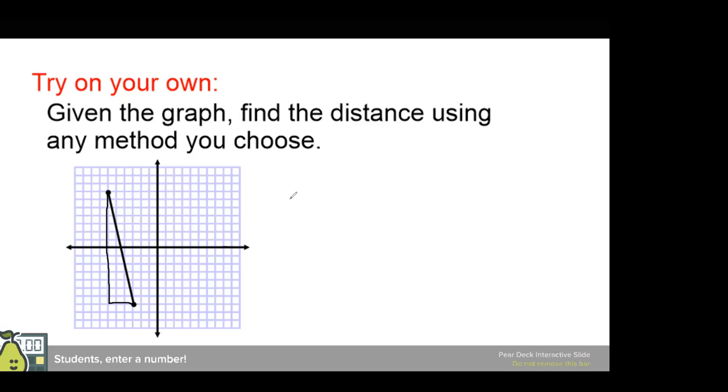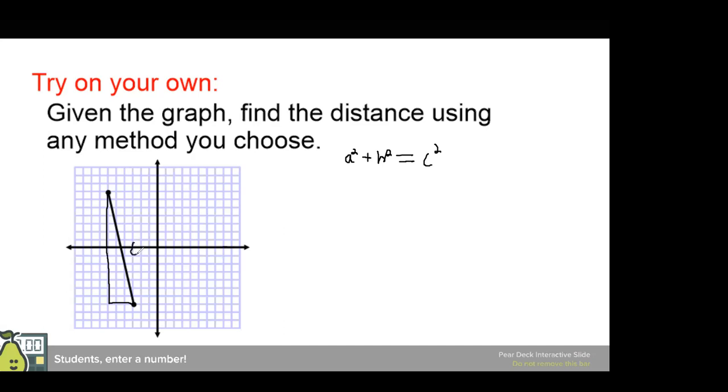Did anybody use the distance formula? No? Did you use Pythagorean theorem? Yeah. I'm going to show you Pythagorean theorem again. So a squared plus b squared equals c squared. Okay.